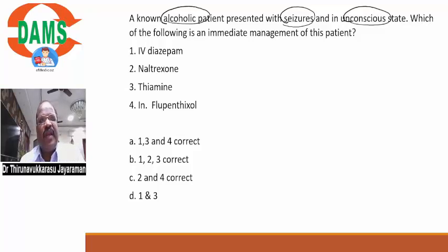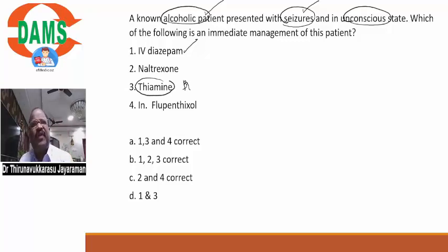May go for delirium tremens, confused status. Now, for this case, better go for controlling seizure, we can go for diazepam. In alcoholic patients, better go for thiamine, B1, because they have B1 deficiency.